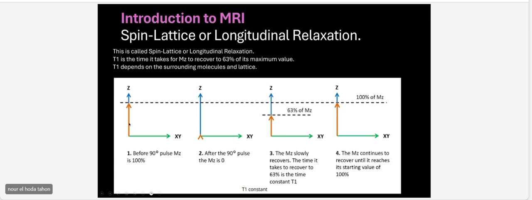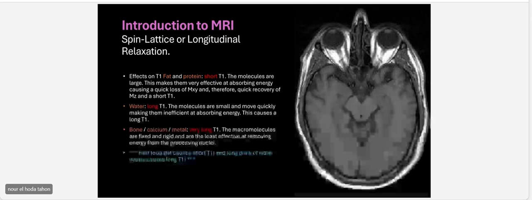We call this relaxation. When 63% of the relaxation has occurred, we call this T1. So T1 we can acquire at 63% of the time, and these are the images for T1.